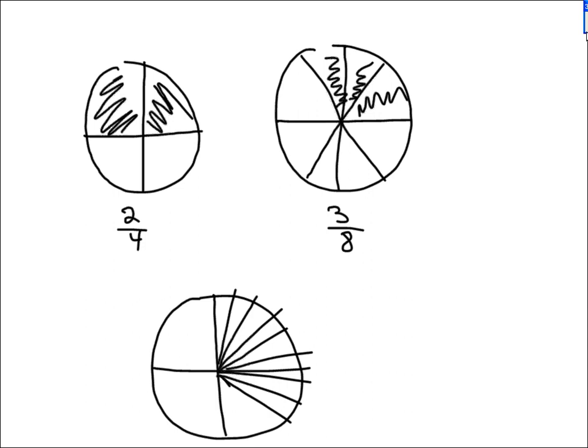We're cutting the pie into many, many pieces. Many, many pieces. And you have 5 of them: 1, 2, 3, 4, 5.